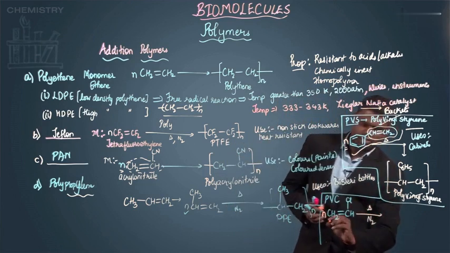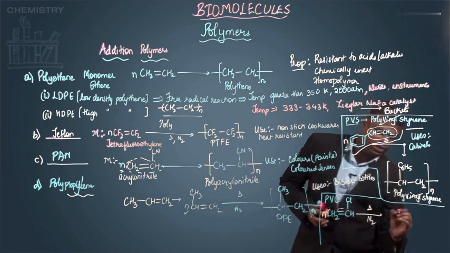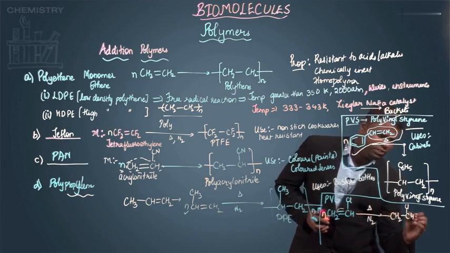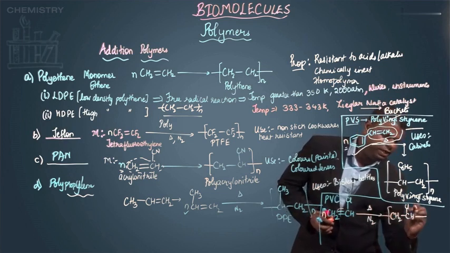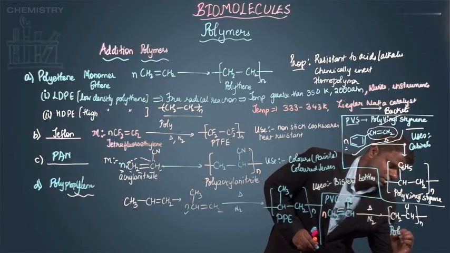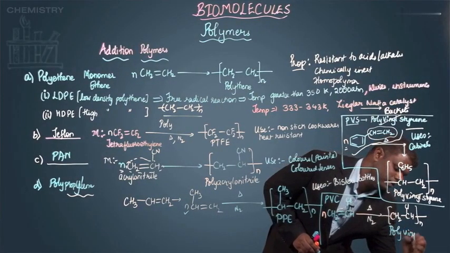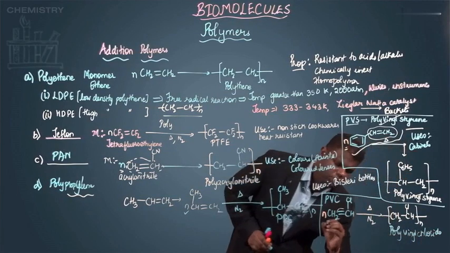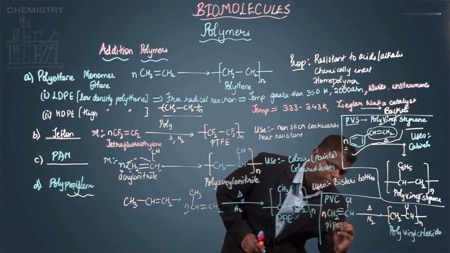So this is the double bond. So concentrate on the double bond. First write down everything with a single bond. Okay, then one bond from this side, one bond from this side, and then this is a repeating unit, n type. This is polyvinyl chloride.